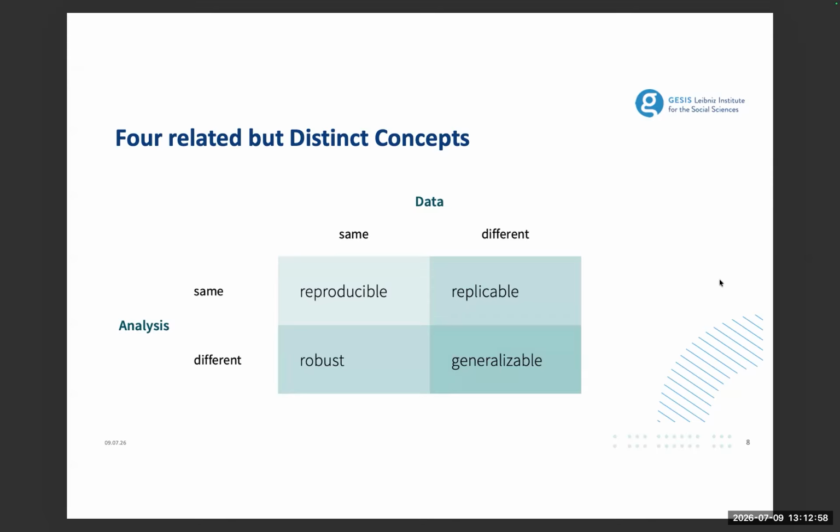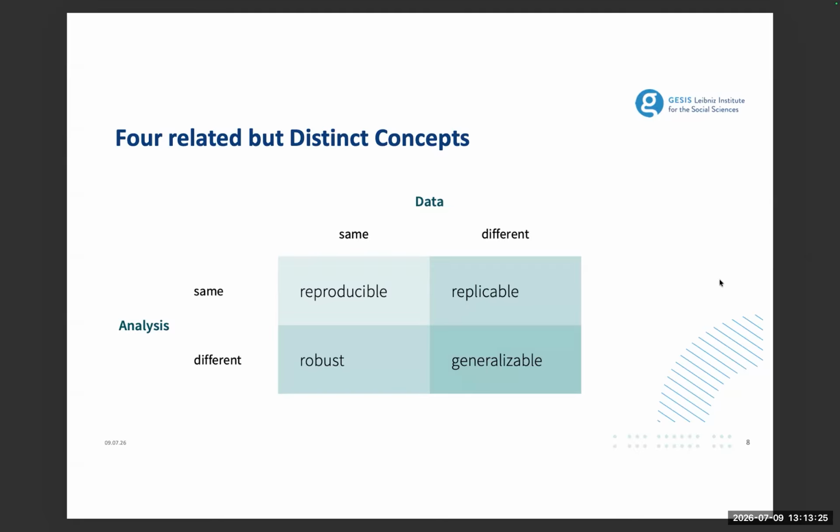But you could still also say, let's see if you have the same data, but a different analysis implementation. And that would basically be robustness, right? So we change something a little bit in the methodology, and then we want to know how robust our findings are with respect to potentially different analysis.